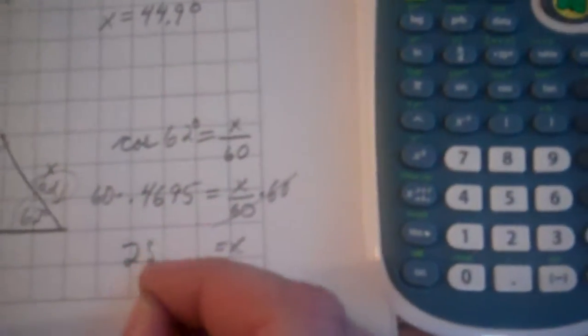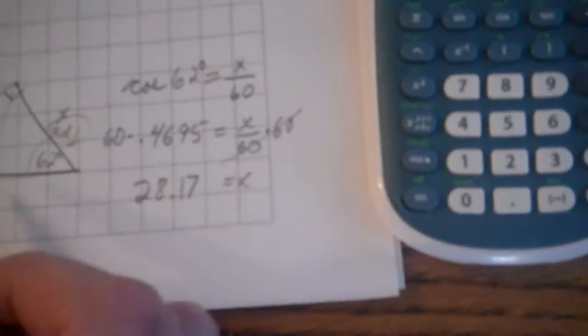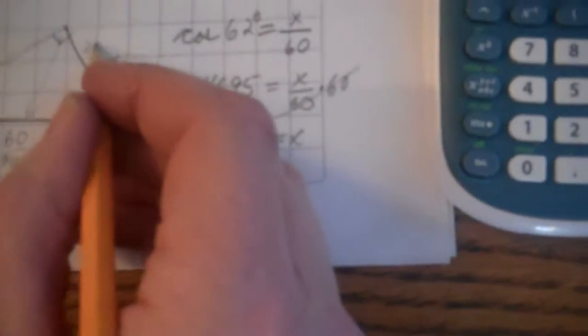If I multiply this by 60, those 60s will cancel out and I'll have x by itself, but do unto one side as you do unto the other. So let's times that by 60, and I'm looking at 28.17. I'm going to round that to 28.17 units. That's how long this side is, 28.17.